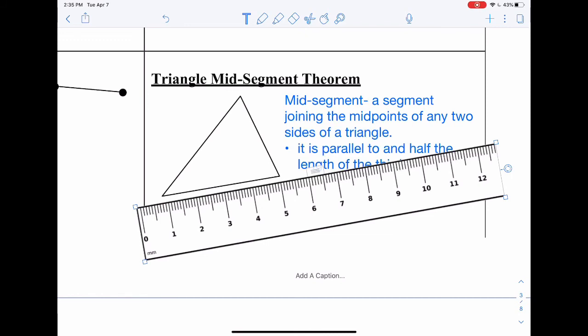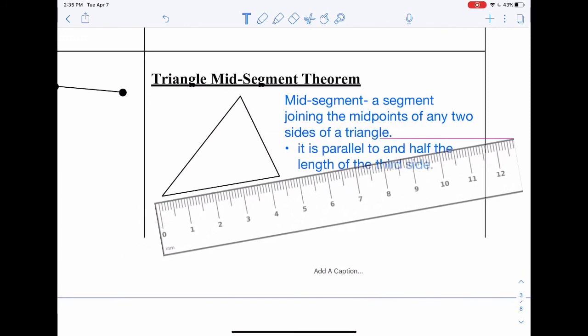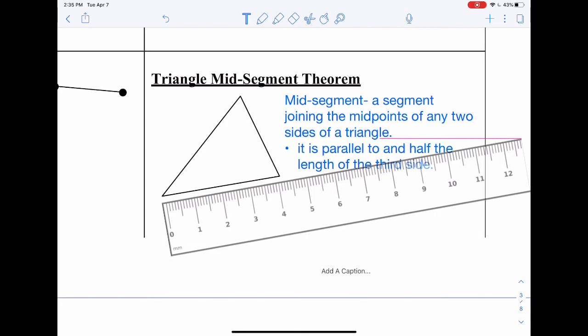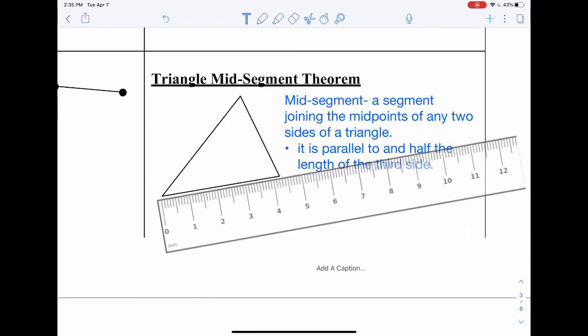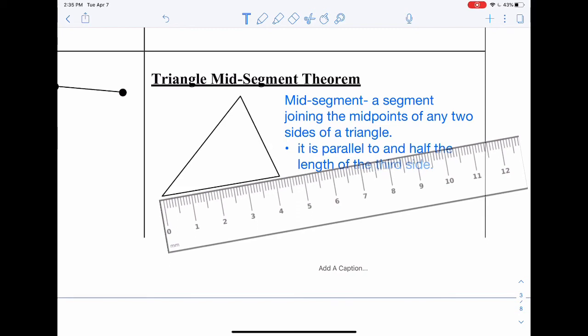Now I want you to take the ruler or the straight edge that you got out, and we're going to use that to find the midpoint of every side of this triangle. So line your ruler up and find the midway point on each side and put a dot there.